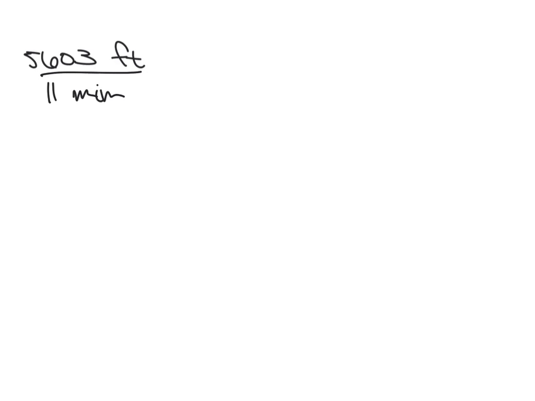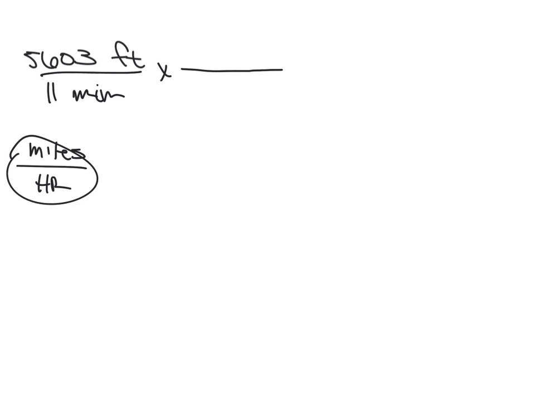We have 5,603 feet per 11 minutes. That's how long it takes to go that 5,603 feet. What if I decided I wanted to change it to miles per hour instead of feet per minute? I just have to change feet to miles, minutes to hours, and I've done what I wanted to do.